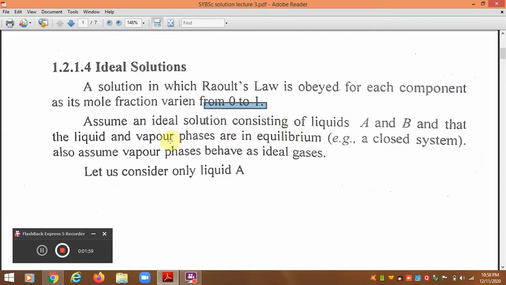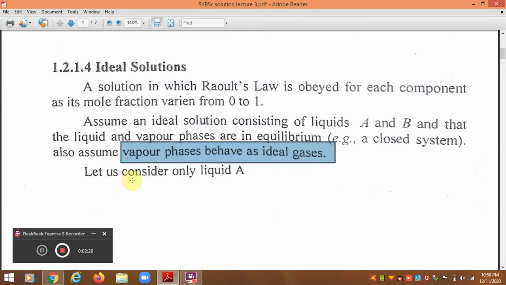Here suppose we consider the ideal solution which consists of two components, liquid A and liquid B, and the liquid and the vapor phase are in equilibrium with each other. We also assume that the vapor phase behaves as an ideal gas, meaning it follows the ideal gas equation PV equals nRT.